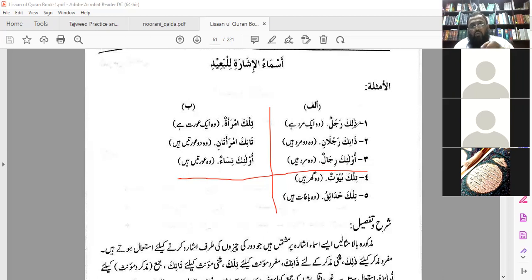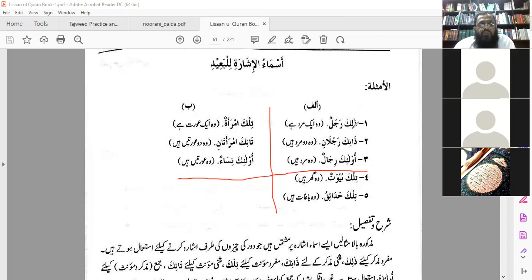The noun whose Arab keeps changing in three conditions is known as Morab or flexible. If the Arab does not change, even when the noun becomes mansoob or majroor, that is non-flexible or mabni. Is that clear?